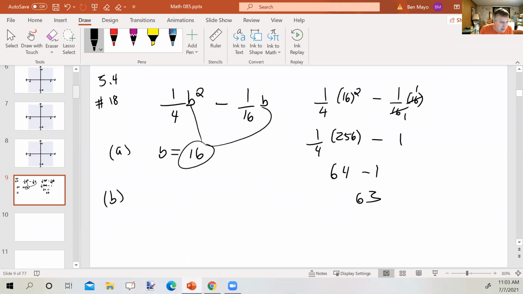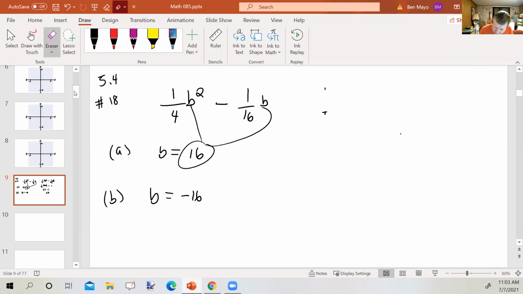Part B says b is negative 16. We need some more room here, so we'll erase this and use that area. For part B, we'd have 1/4 times negative 16 squared minus 1/16 times negative 16.